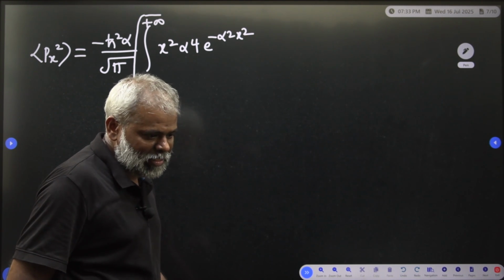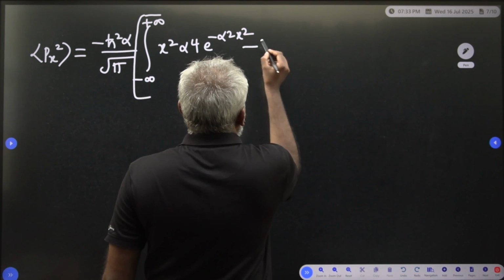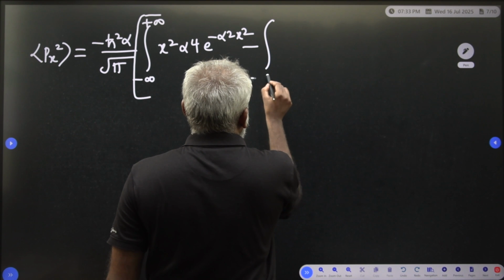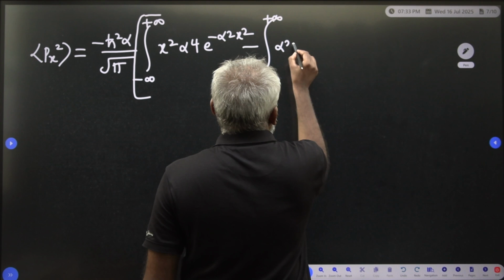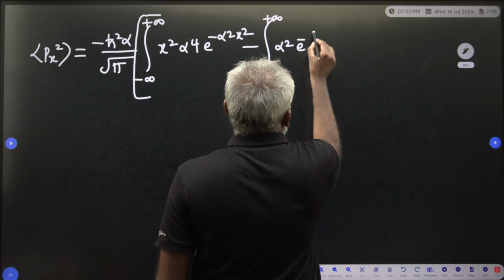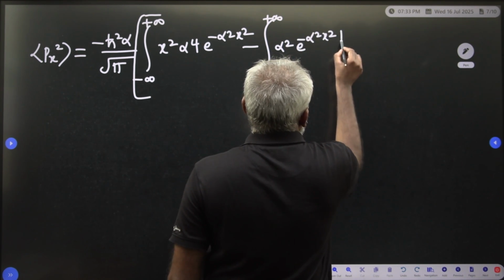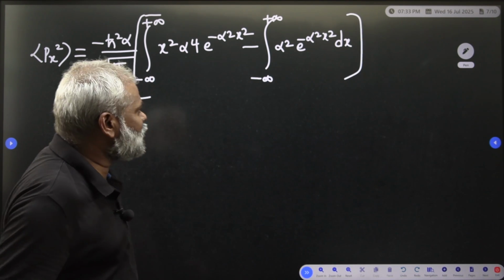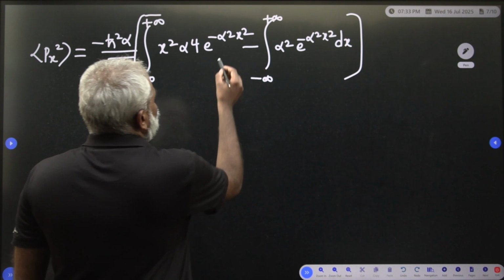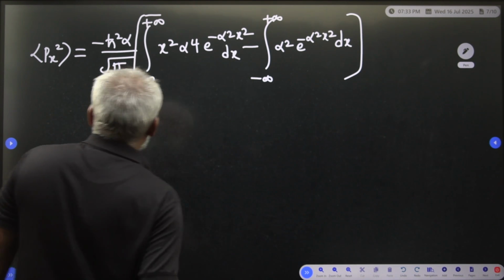So we get minus alpha to the power of 4 times the integral from minus infinity to plus infinity of x square e to the power of minus alpha square x square dx, minus alpha square times the integral of e to the power of minus alpha square x square dx.